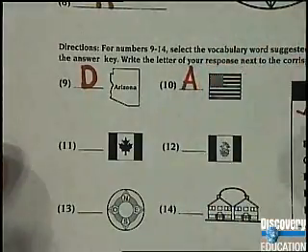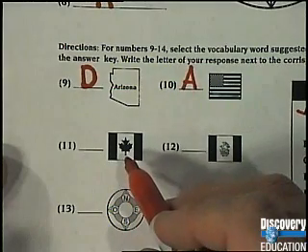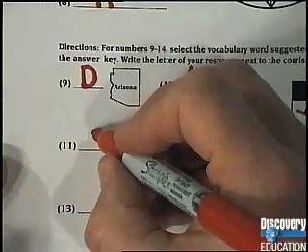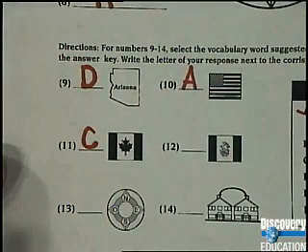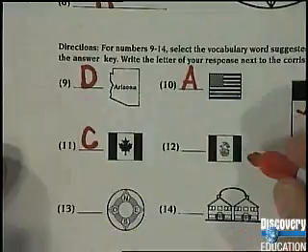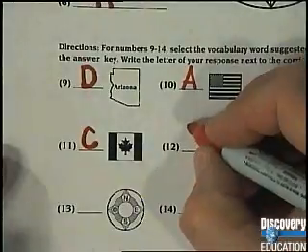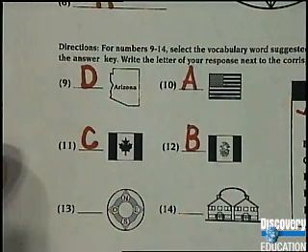Letter A. Okay. Number 11, that's the flag of Canada, la bandera de Canadá. Letter C. Number 11 is letter C. And number 12 is the flag of Mexico, la bandera de México, letter B. So 12 is letter B.